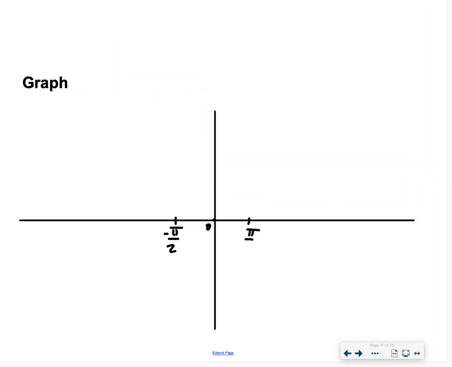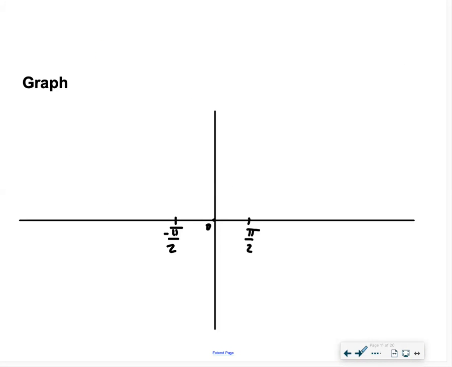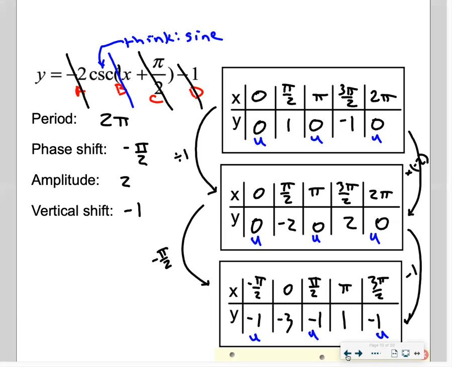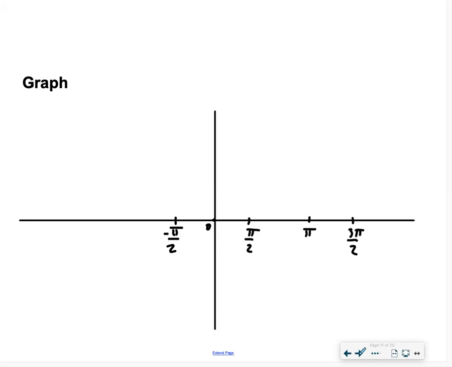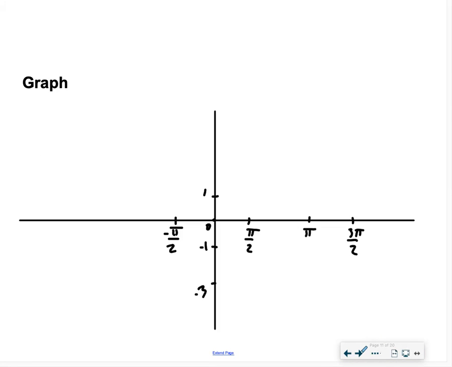And we have 3 pi and 3 pi over 2. Go from -1 to -3 to 1. -1, 0, -3.